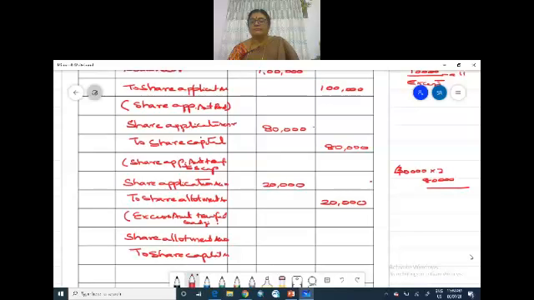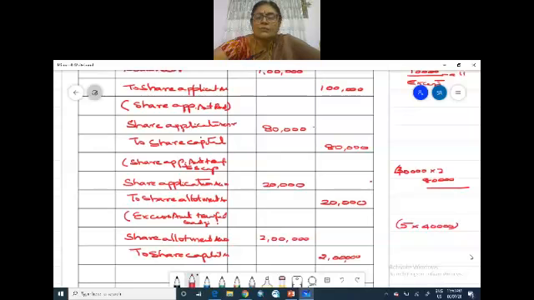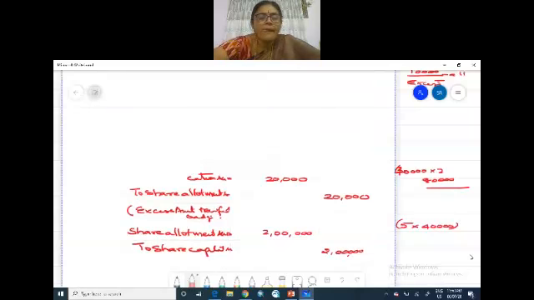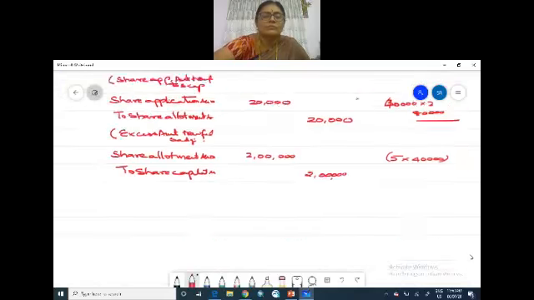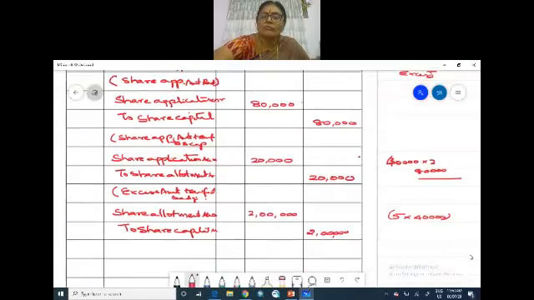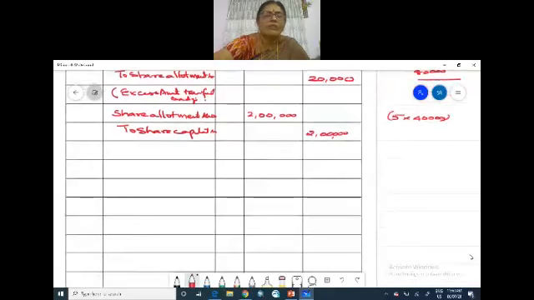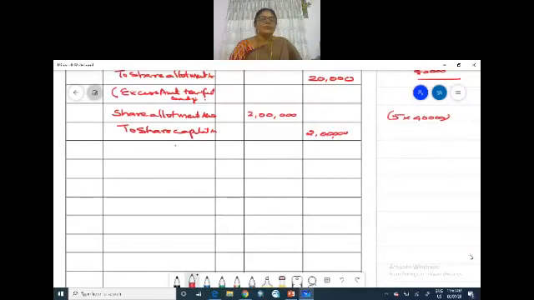How much is due here? 5 rupees I think you're going to be collecting, right? 5 rupees on allotment into 40,000. 5 fours are 20. 2 lakhs you're going to get. Right. Okay. Now next journal: share allotment account to share capital.